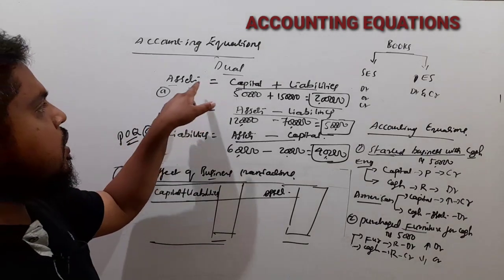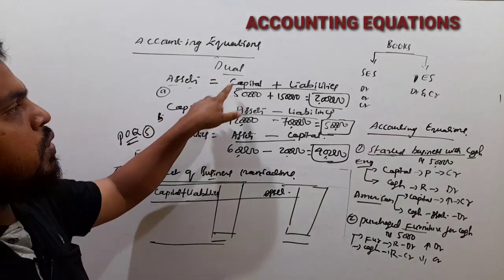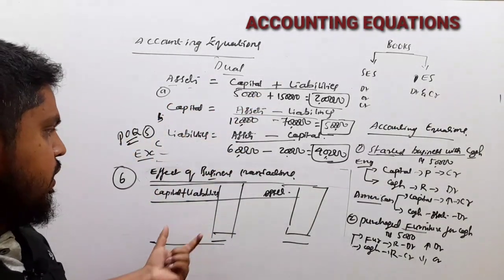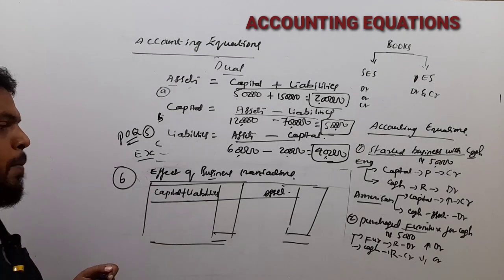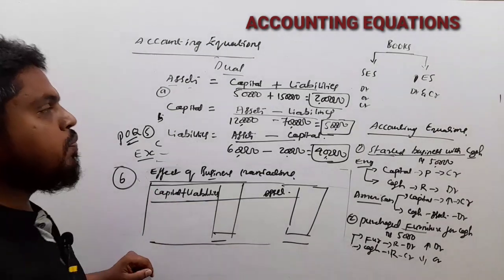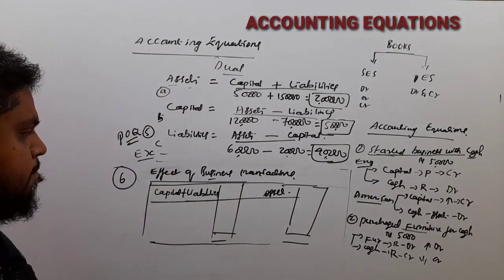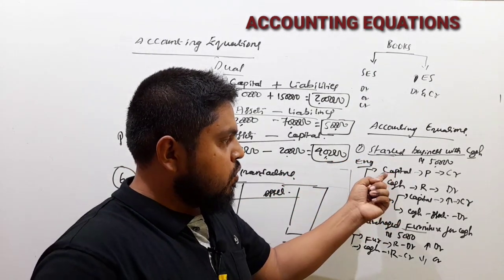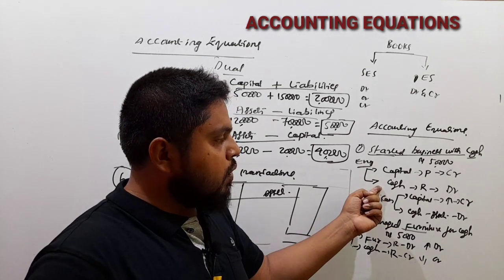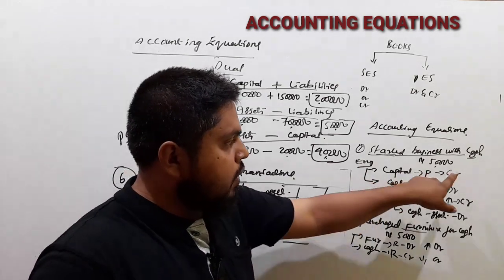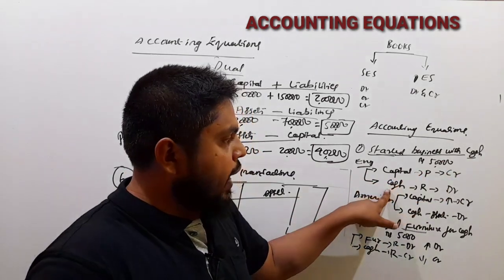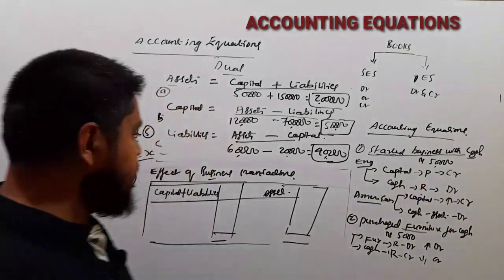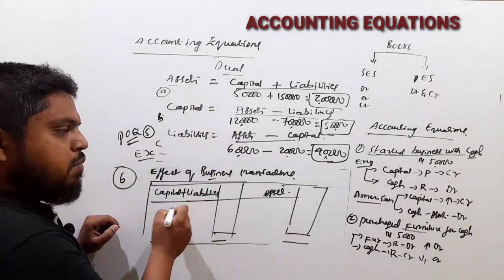Now assets equal to capital plus liabilities. So this is the simple way to understand accounting equations. So he started a business with cash. So two accounts are involved. That is capital, credit side, cash is a debit side. So capital is a liability.